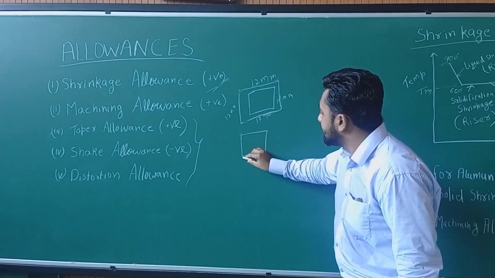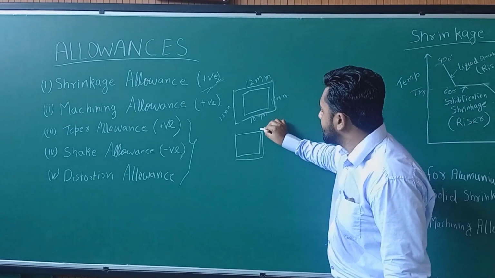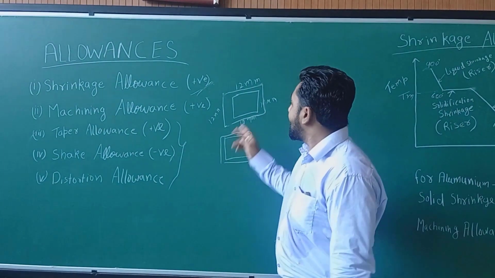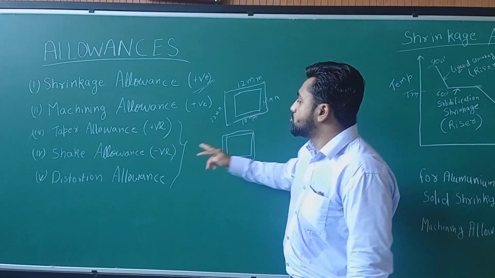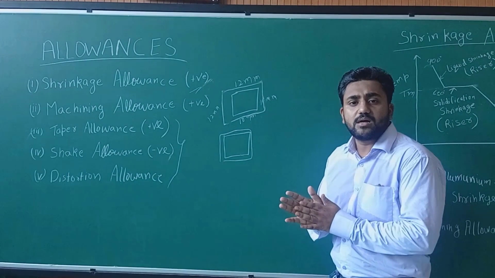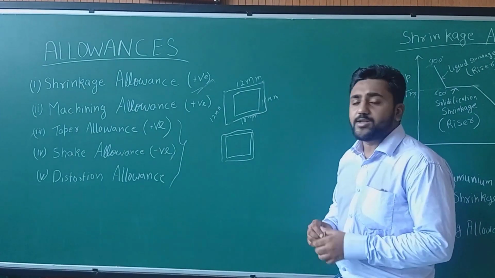But when we shake it, the mold dimension will increase slightly. But in our case, again our product is of a smaller dimension, so the shake allowance is very small and it can be neglected.